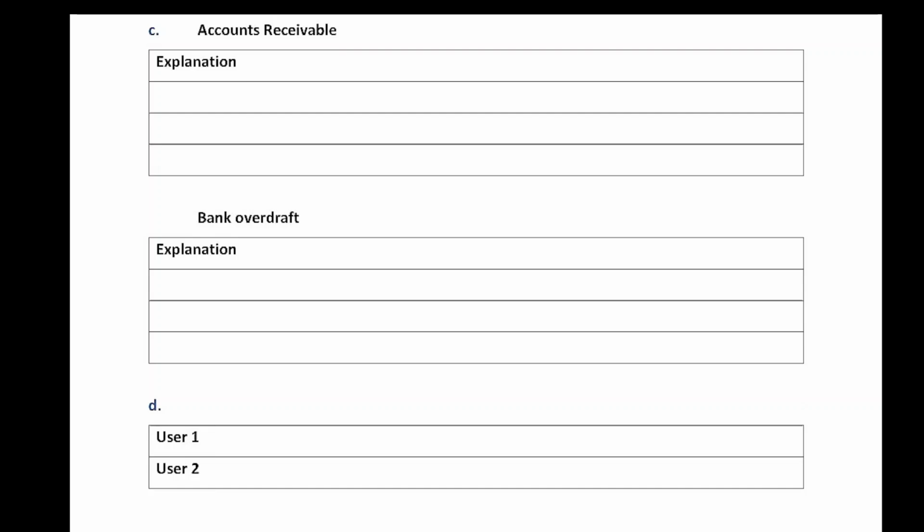Now what is the past event, within brackets? Credit sales of inventory. Close bracket. That will provide future economic benefits.